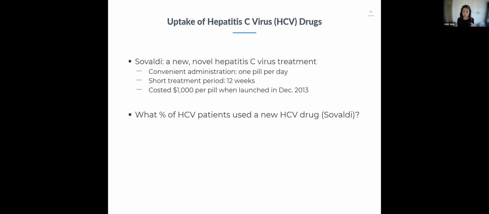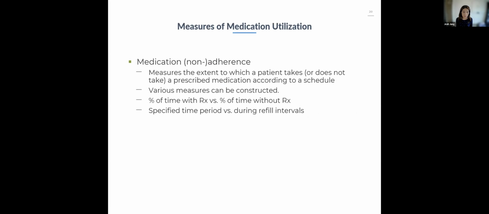This is super expensive, but it's super novel, with really superior characteristics. I want to see take-up rates. So you can ask, what percent of HCV patients with hepatitis C actually took this new innovative HCV drug, Sovaldi? That's just one way to use your uptake measure, and we're going to look at this in the PDE data.